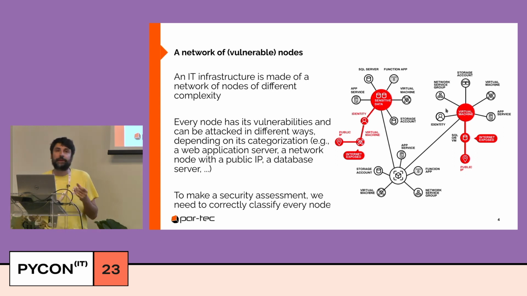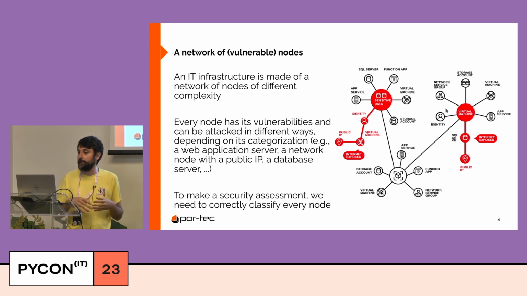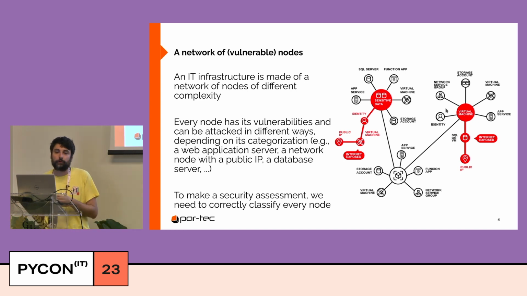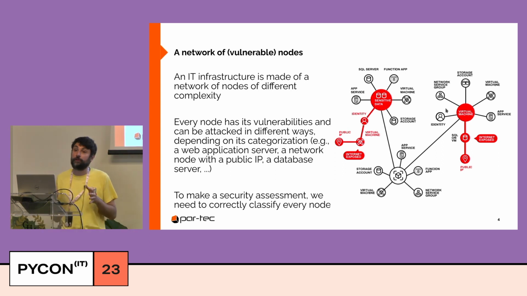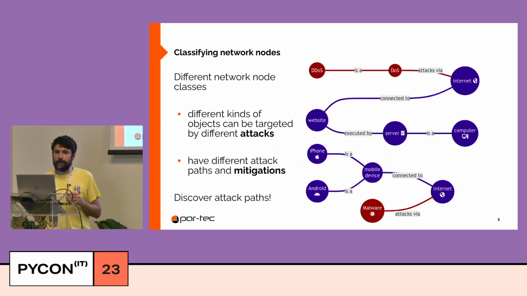For example, a web application server is attacked in a different way with respect to a network node with a public IP or a database. So we want to make a security assessment. Okay, we should first classify our nodes. But, well, what does it mean to classify network nodes?